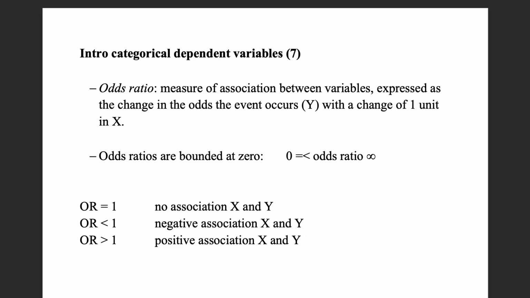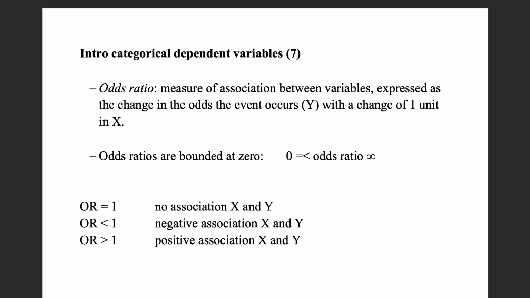Now for the odds ratio, it's really different. For the odds ratio, no association is captured by the value 1. Negative associations are some value between 0 and 1, so some positive number that's smaller than 1, it can't ever be smaller than 0, and positive associations are positive numbers that are larger than 1.